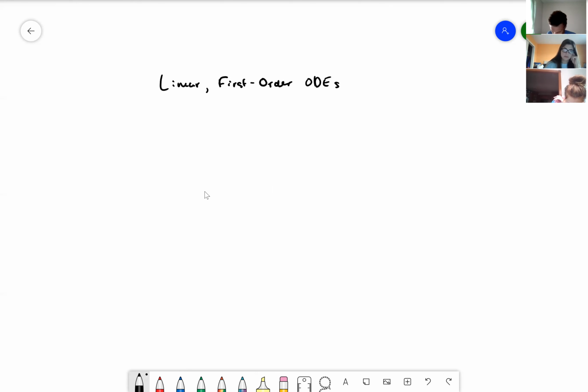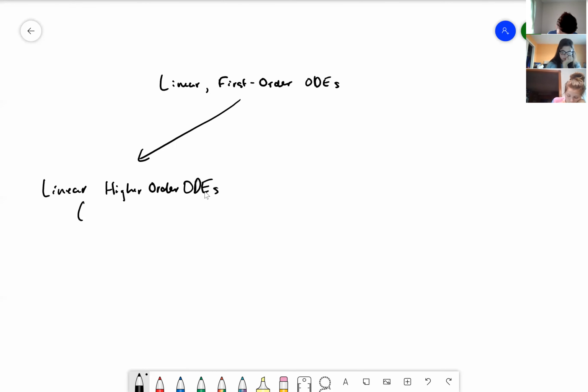And so the way that we proceeded from this to expand the types of things that we were looking at was to look at linear higher order ODEs, and really specific. We only looked at one specific higher order ODE, and that was second order.